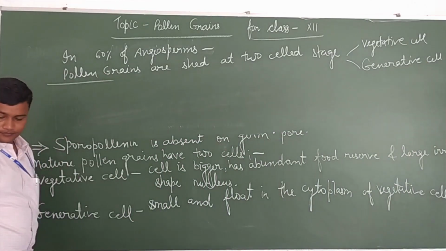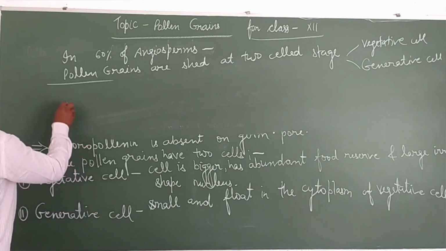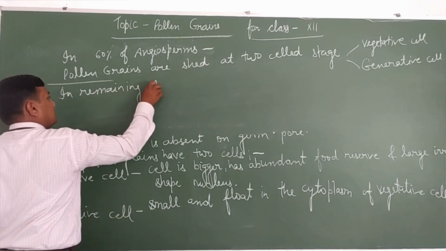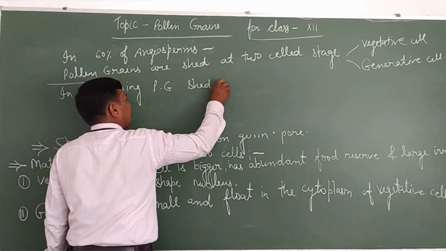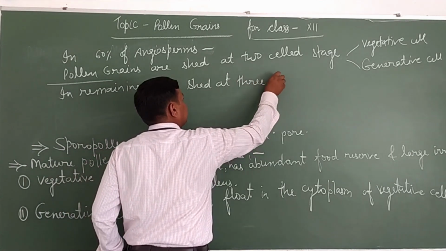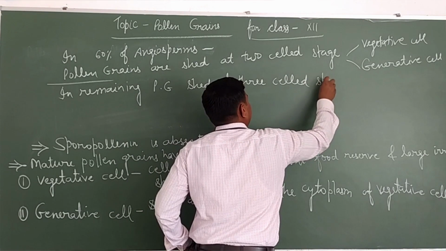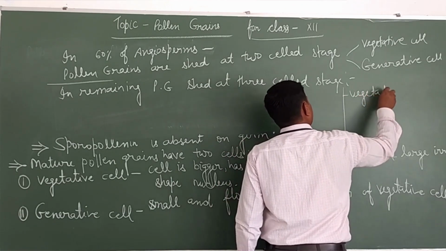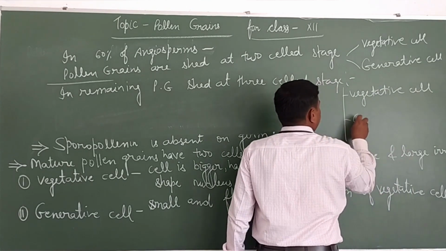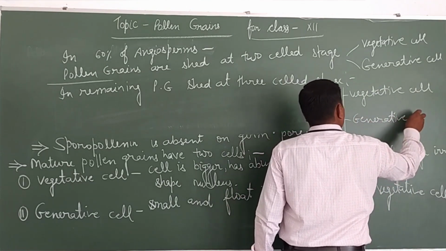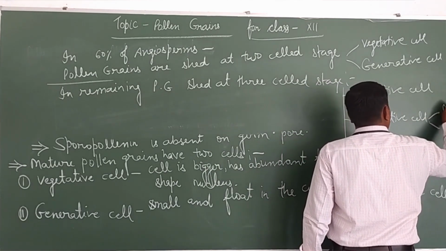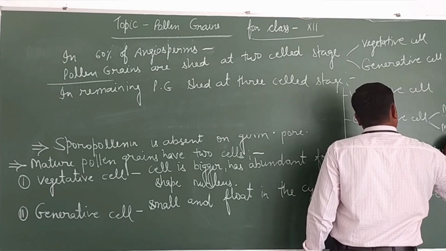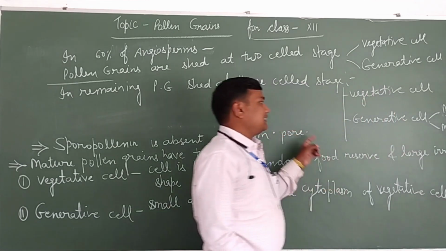But in the remaining, pollen grains are set at the three-cell stage. Three-cell stage means the vegetative cell and the generative cell, where the generative cell has divided into two male gametes. So that is why it is known as the three-cell stage.